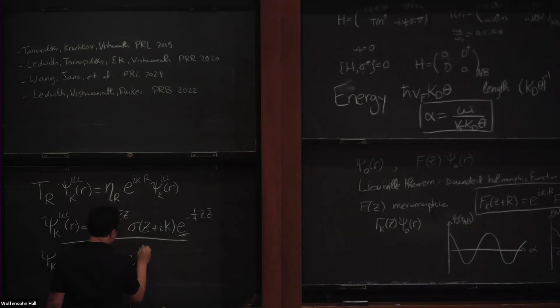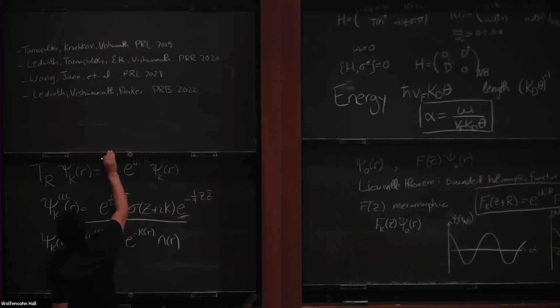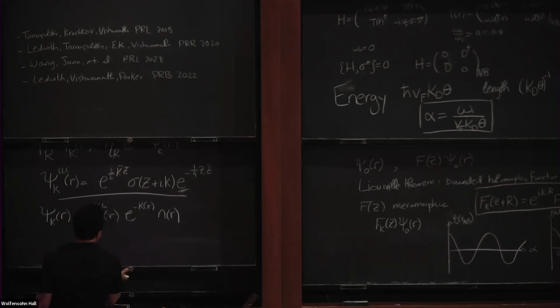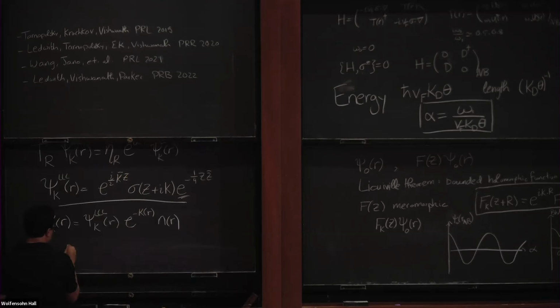And I'll write it like this. Where I define this e power minus kr as basically what is left over. It's a positive real number. It doesn't have any spinor piece.